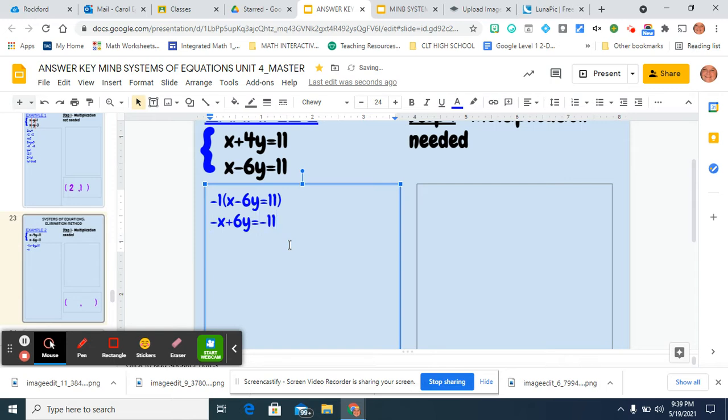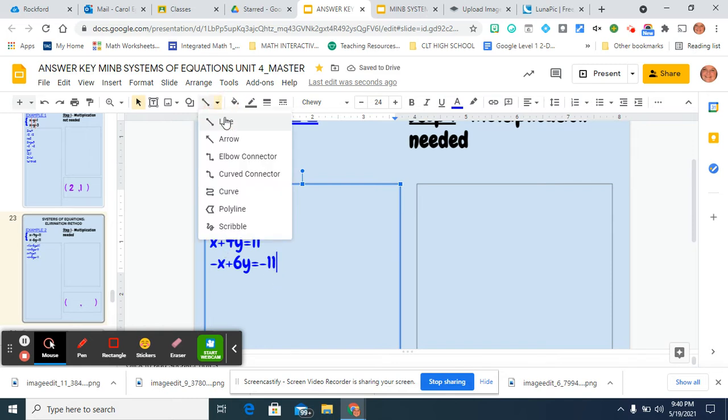So once I do that, I'm left with a system again of x plus 4y equals 11. And now I have negative x plus 6y equals negative 11. That's what I changed the second equation to be.